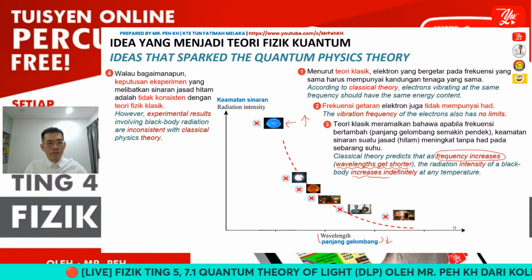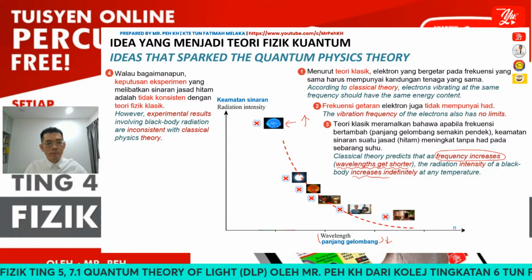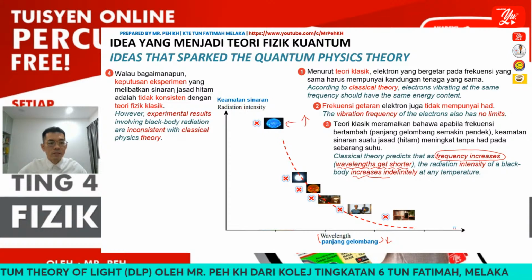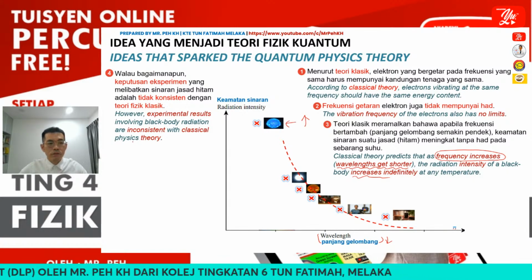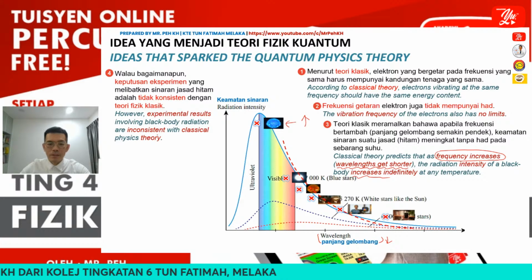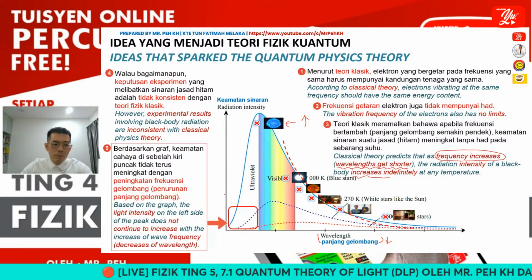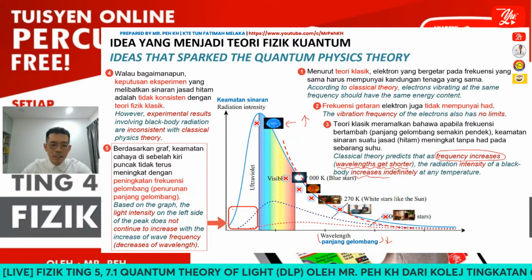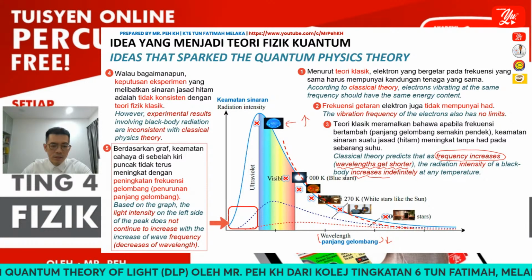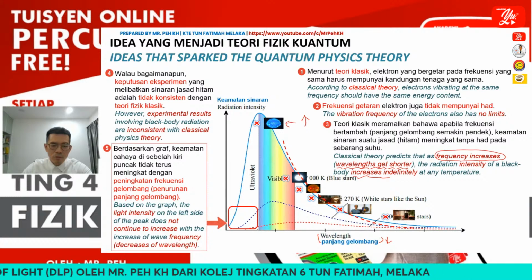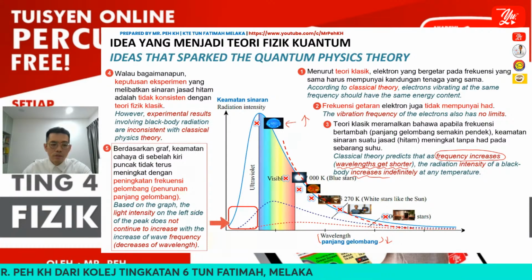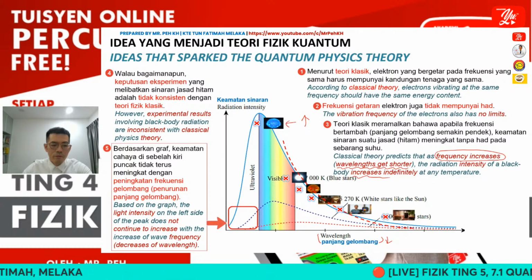However, the experimental results involving black body radiation are inconsistent with classical physics theory. So what will the graph be? Just now I showed you already. This is the actual graph for the black body curve. Based on the graph, the intensity of the light on the left side, which I already boxed in red, does not continue to increase with the frequency of the wave.